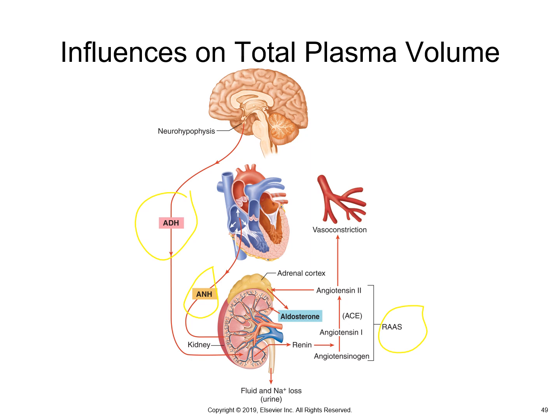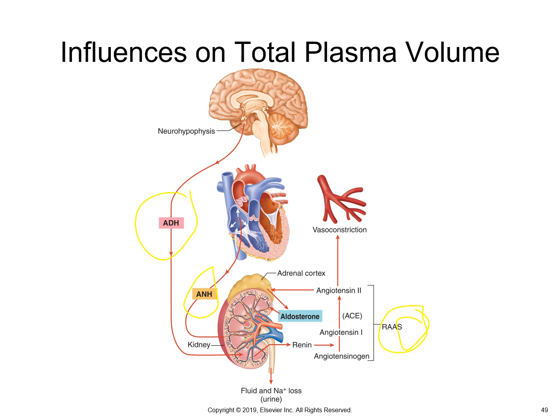All right, over here on the RAS side, the RAS system is activated in response to low blood pressure and also low sodium levels. So the renin is going to be released by the kidneys, and it's going to convert the angiotensinogen into angiotensin 1, which is further converted into angiotensin 2 by an enzyme, angiotensin converting enzyme called ACE.